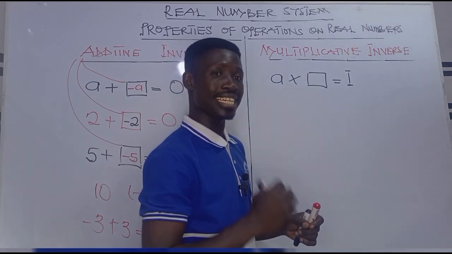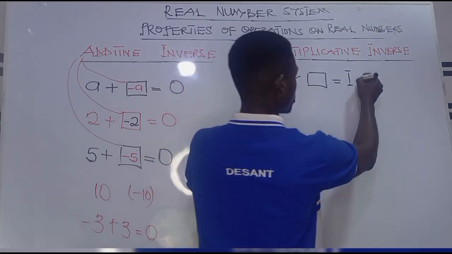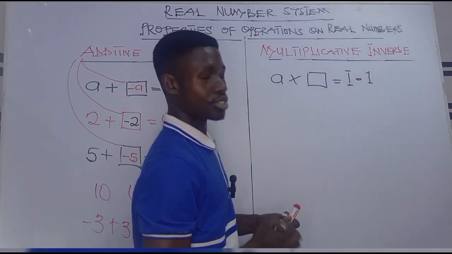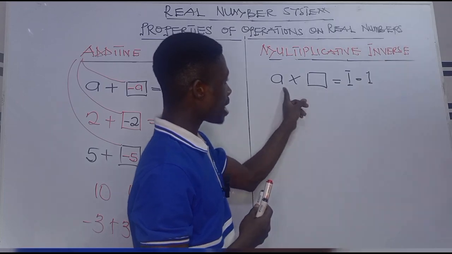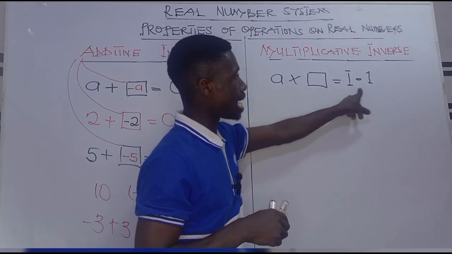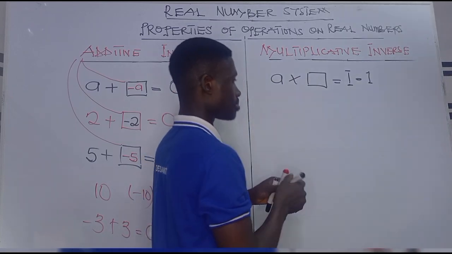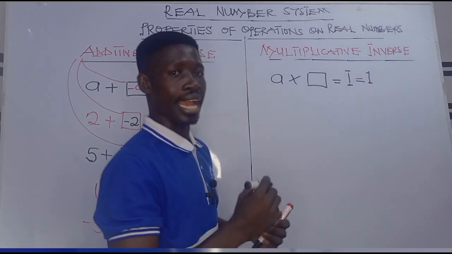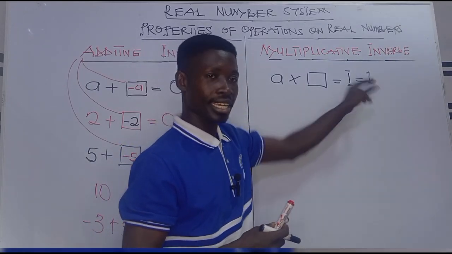And we know that the identity element for multiplication is 1.